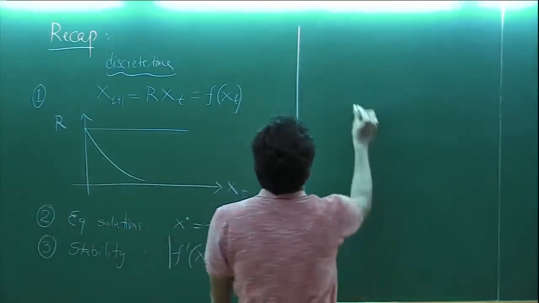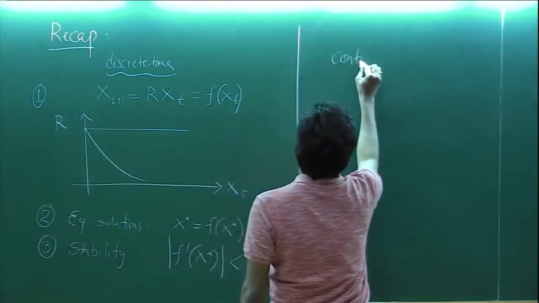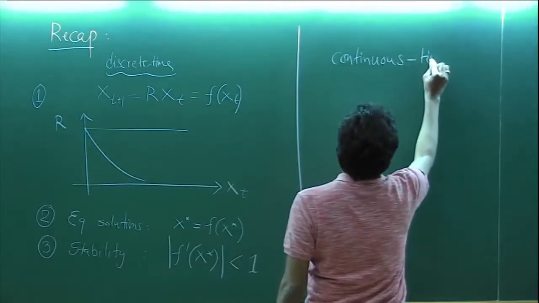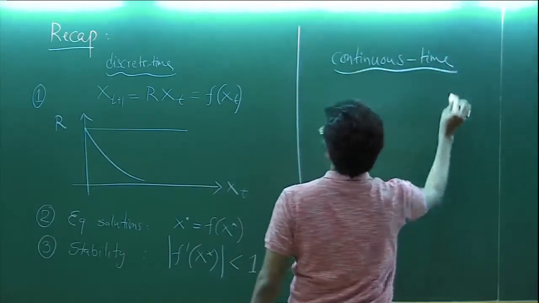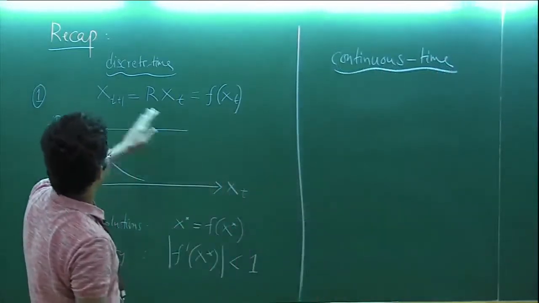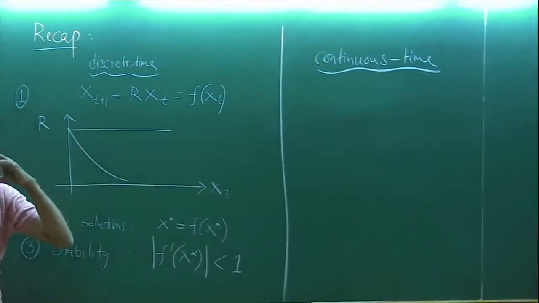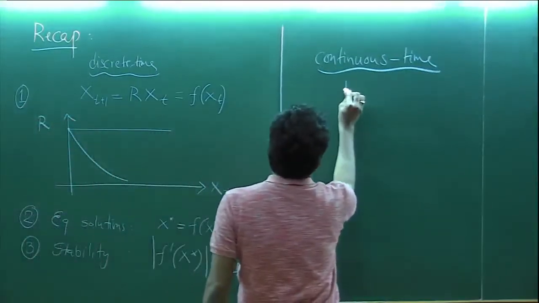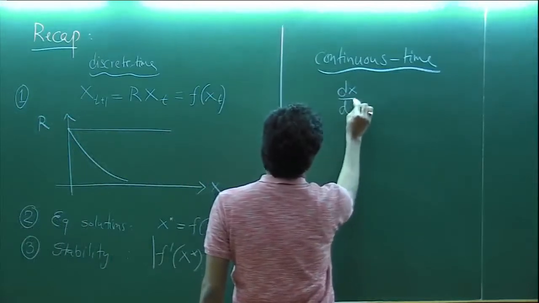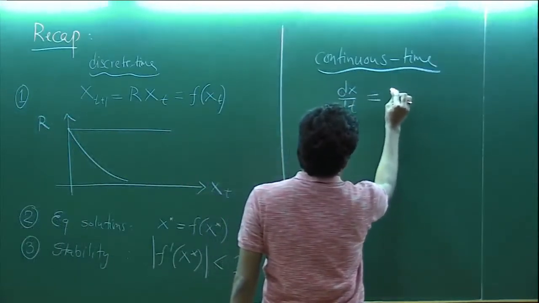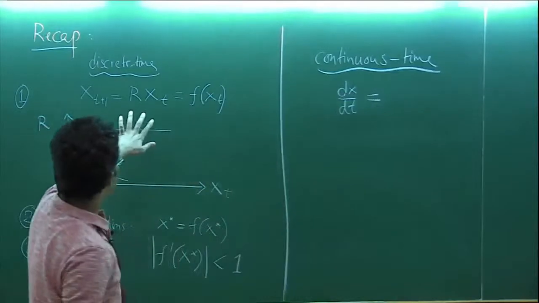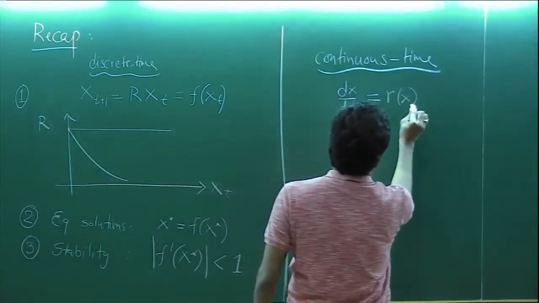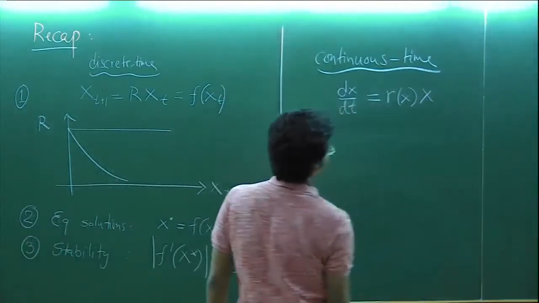Now we have also learned the continuous time version of models. Instead of writing down the next population size directly, we write a rate of change of populations over time. And here too, we can decompose the growth function in this format.